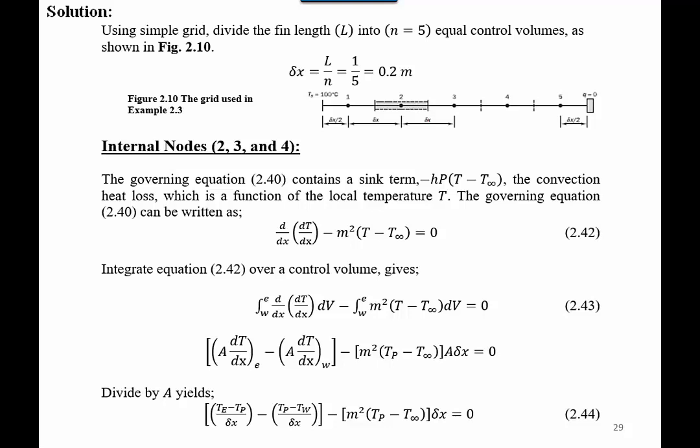Integrate this equation 242 along the control volume from west to east, and it will give us equation 243. So again, replace the dV and rearrange it, and we will then divide by the constant area A. We will have equation 244.